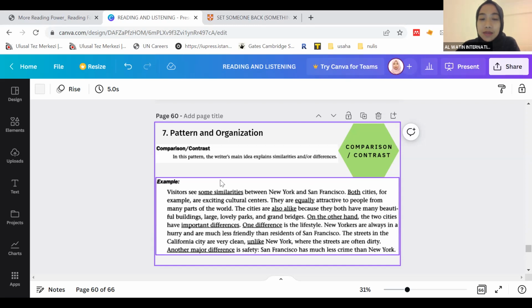So yes, similarities in the beginning. In the beginning, they talk about similarities. Visitors see some similarities between New York and San Francisco. Both cities, for example, are exciting cultural centers.